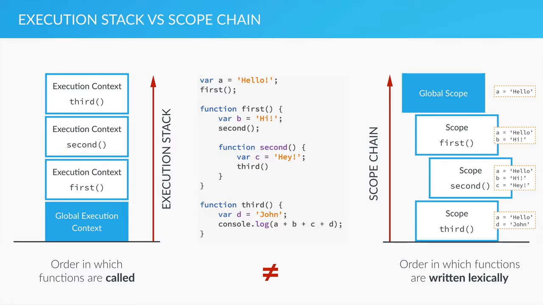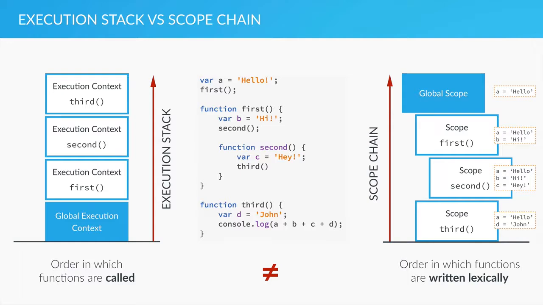Since the third function is not in the scope of the second function, of course it cannot access variables B and C defined in the second and first functions. It can only access the global variable A, because the function is written in a global scope. So, it's the execution contexts that store the scope chain of each function in the variable object, but they do not have an effect on the scope chain itself. This is important to understand.